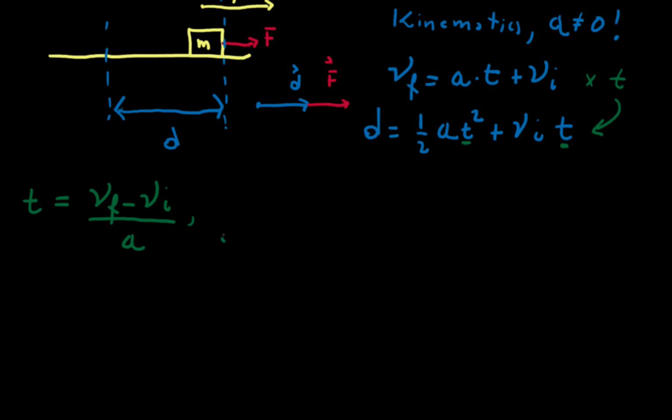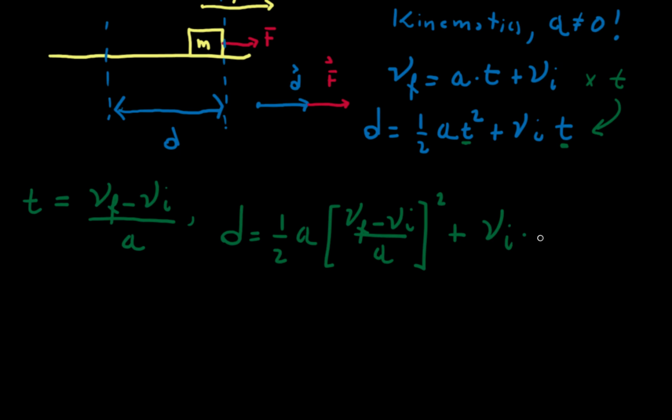Good. So then, if we continue with this idea, the distance equals 1/2 acceleration times the whole quantity, velocity final minus velocity initial over acceleration, squared, plus velocity initial times time.